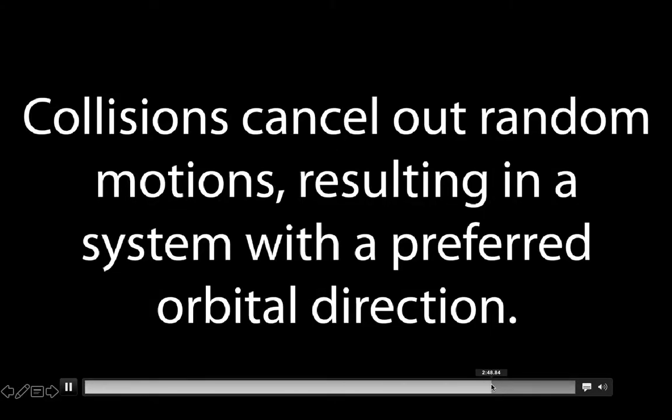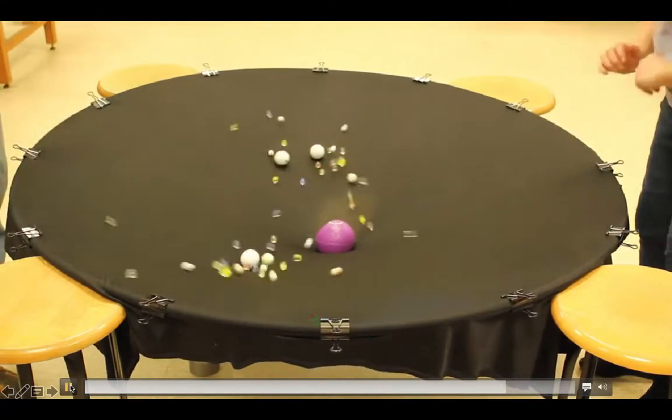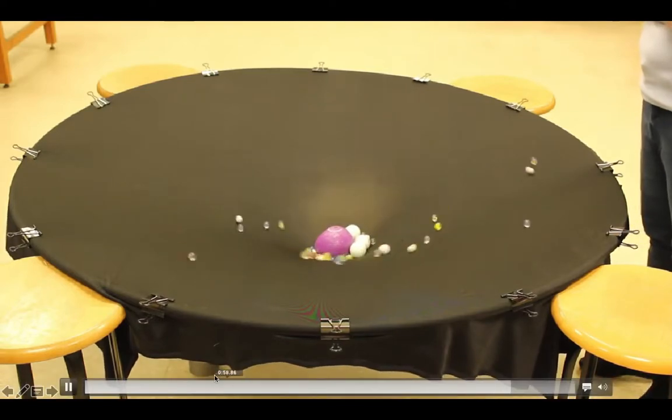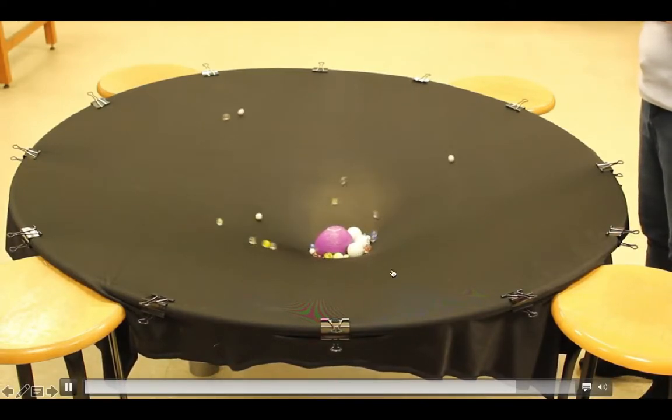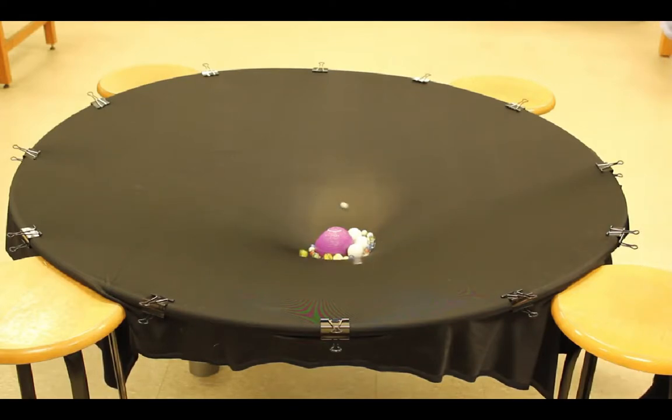Marbles were just randomly thrown in, and they just created through entropy a preference for a clockwise rotation. And that was just by chance. They could do it again, and it could end up with a counterclockwise rotation, depending upon the arrangement of the masses and the way they collided.